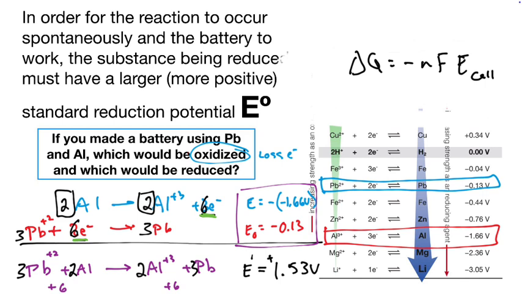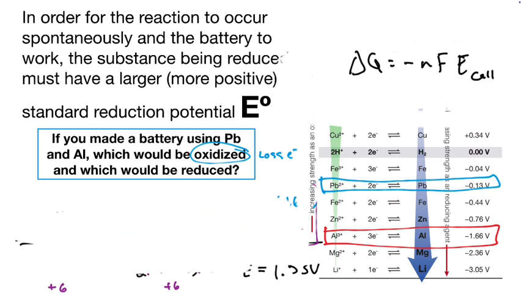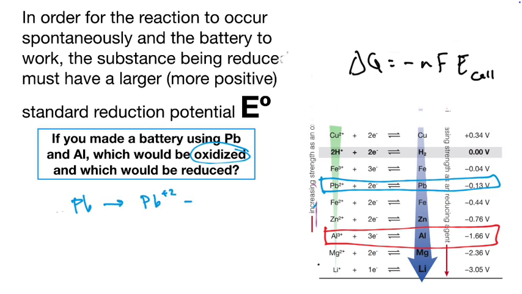So can I erase the work? I already forgot the equation we flipped. We flipped the aluminum, right? So let's flip the lead. What happens?